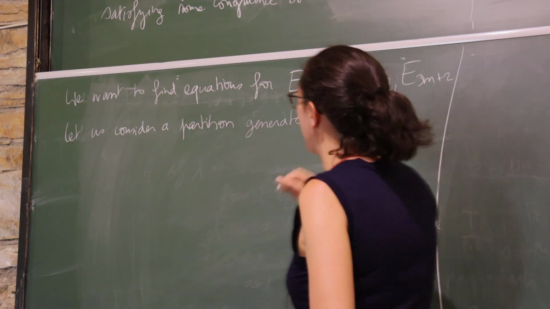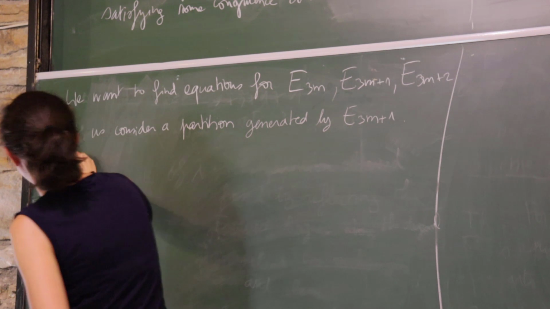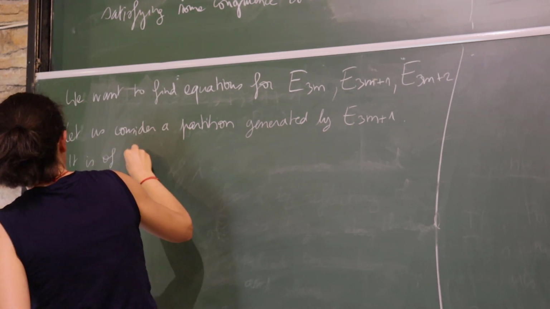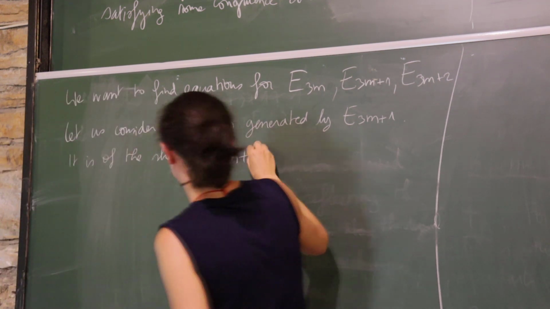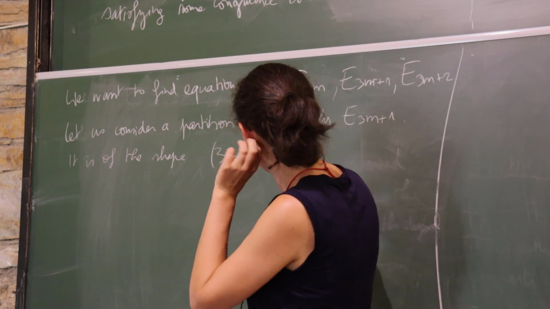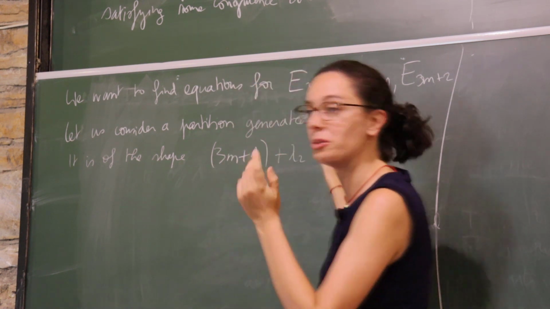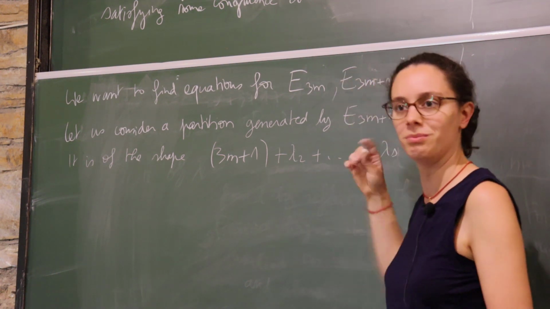I hope you're okay with that. Such a partition is of the shape: it starts with 3m plus 1, by definition, because we take partitions whose largest part is 3m plus 1. And then you have some second part, lambda 2, etc., and some last part, lambda s.